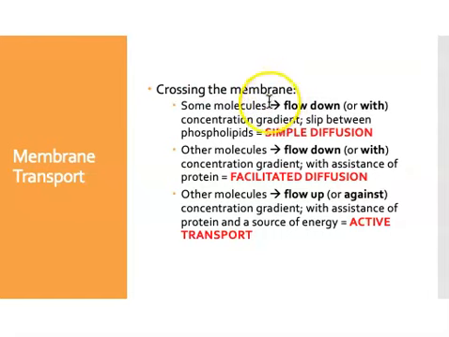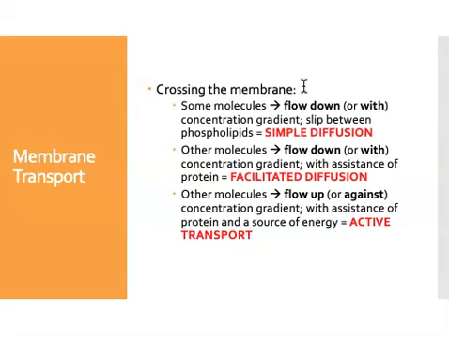Those molecules are flowing down their concentration gradient, or the other term you'll hear is with. They're traveling with the gradient. I like to use this term down because it makes more sense to me mentally that they're traveling down. They're going from a high place to a low place.